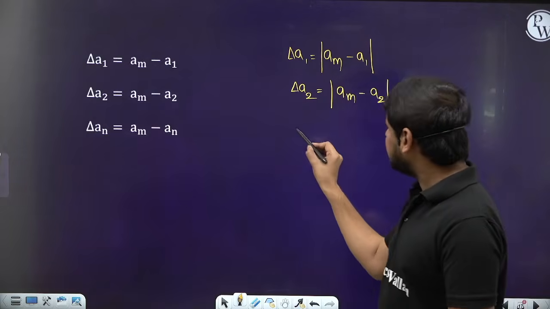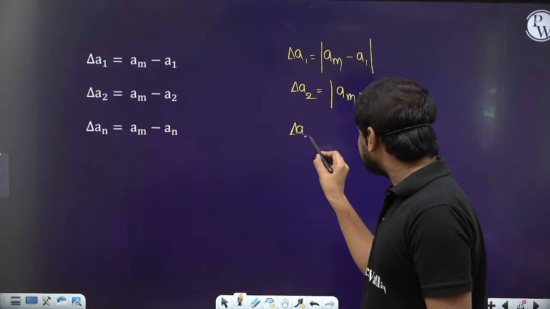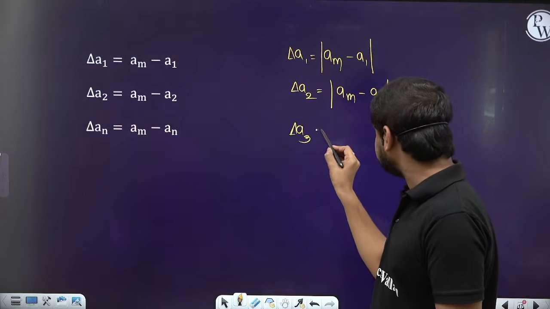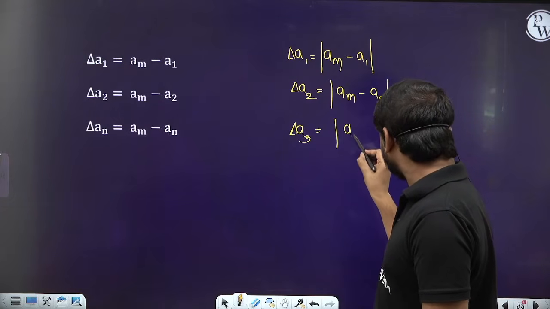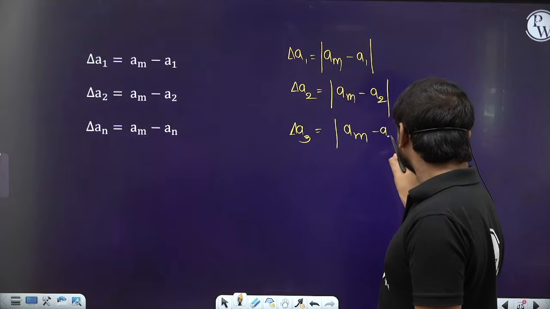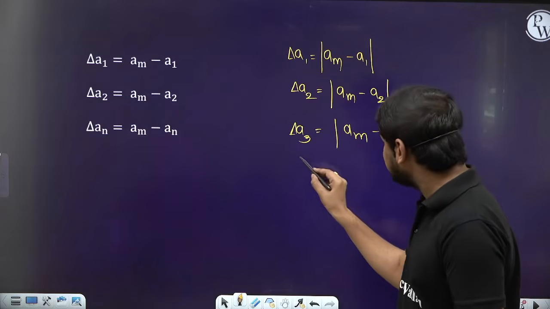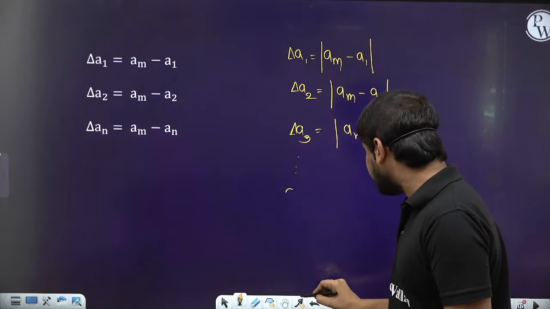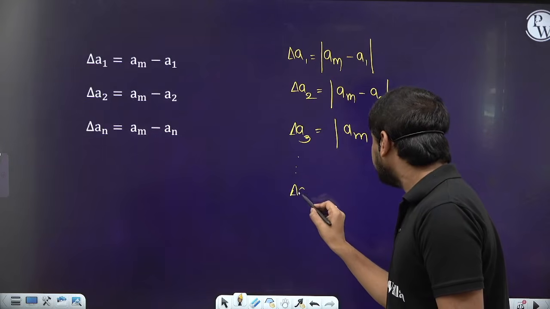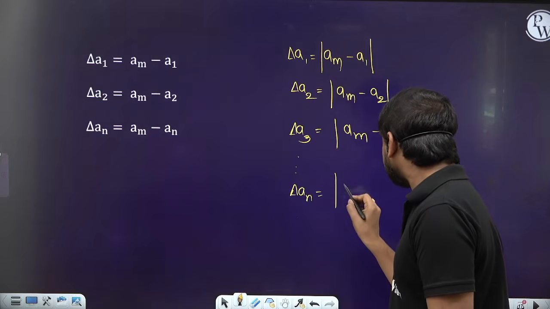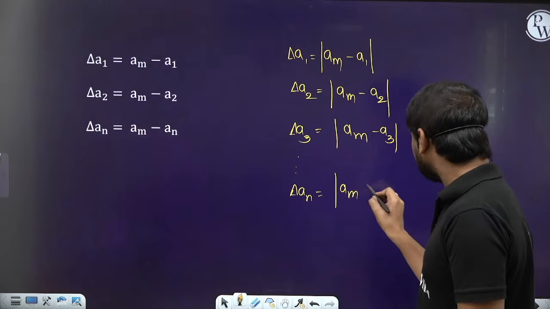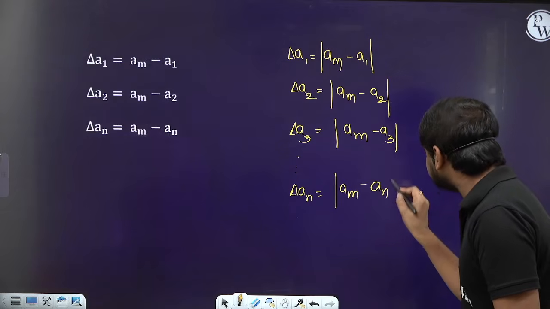The third student's error value delta A3 is equal to the true value mean minus the third student's measured value. Like that, the nth one, delta AN, is equal to the true value minus that student's measured value. That's it.